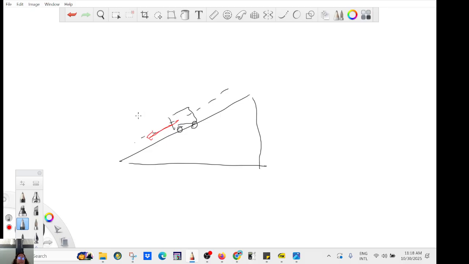One component is mg sine, and the other component is mg cosine. Okay, I told you to remember that. The weight is straight down, but each component has a different job. And then here you're going to have the normal force, which is perpendicular.